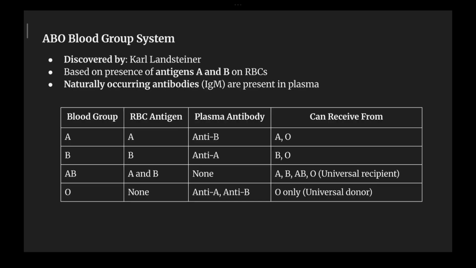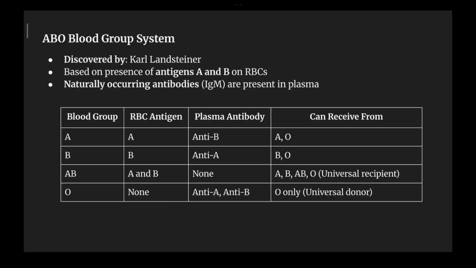The first topic is the ABO blood group system, discovered by Karl Landsteiner. Based on his discovery, blood groups are determined by the presence of antigens on the red blood cell. If there is an antigen A, it is A group. If there is an antigen B, it is B type blood.